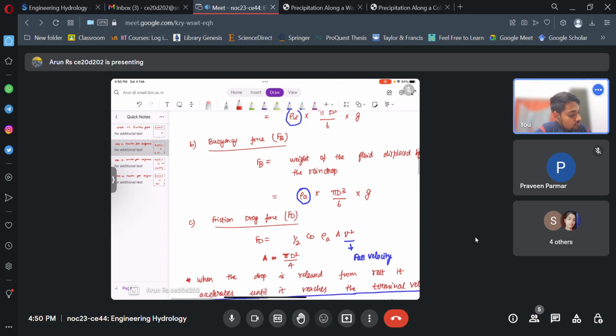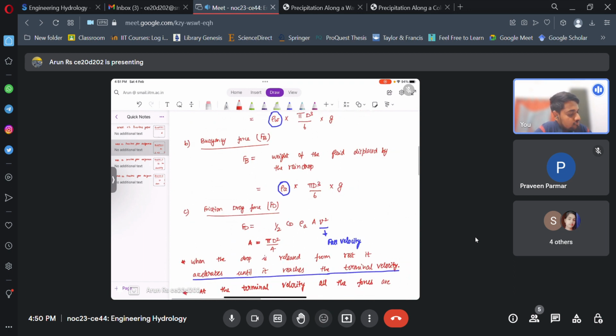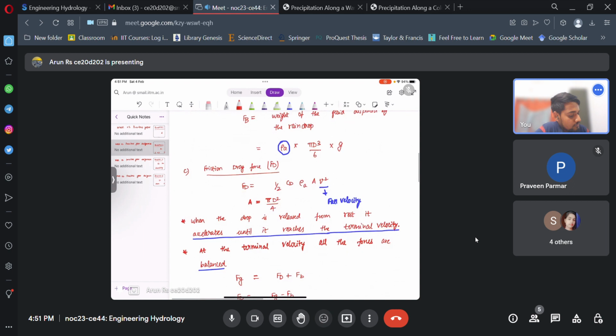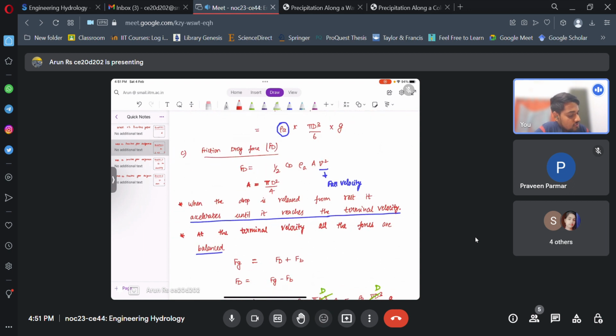Next force is the buoyancy force. It is the weight of the fluid that is displaced by the raindrop. And here we have density of air multiplied by the volume of the sphere multiplied by your acceleration due to gravity. And the last one is the friction drag force. This is a very common expression. You would have studied it in your fluid mechanics also.